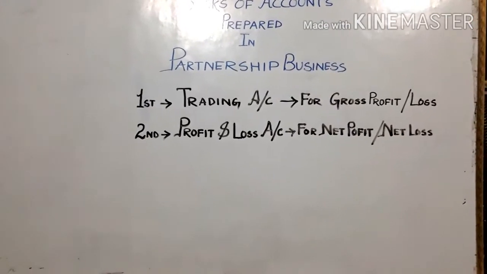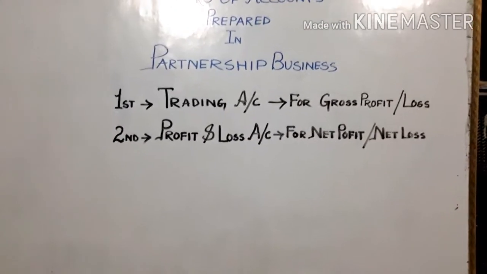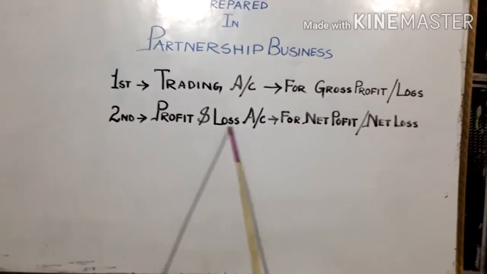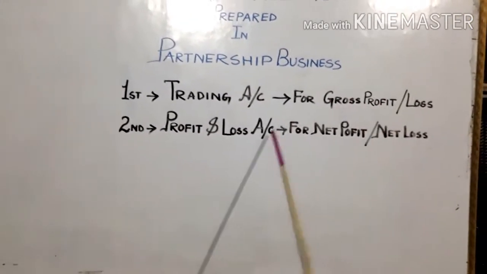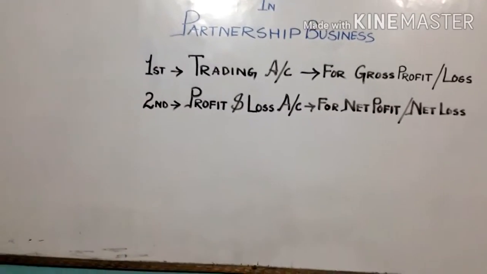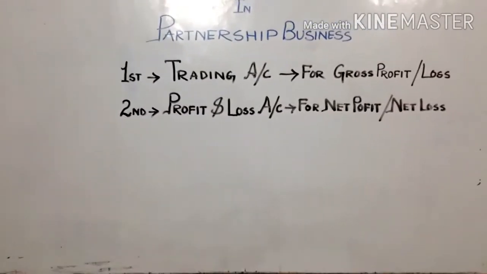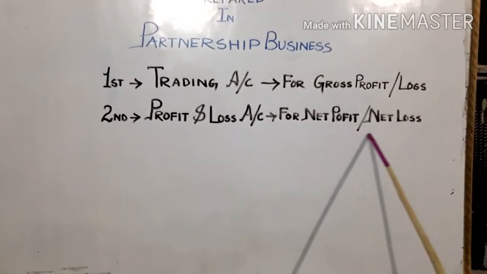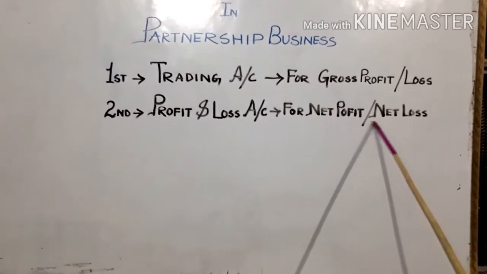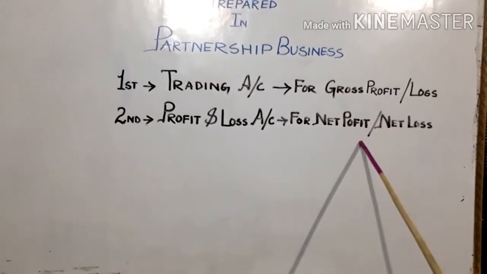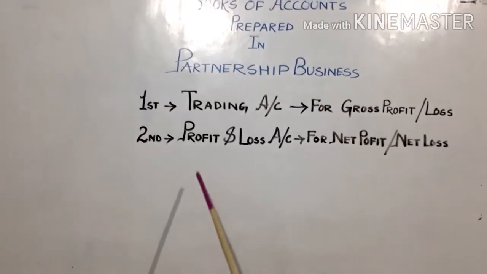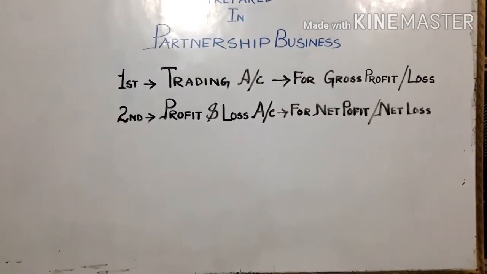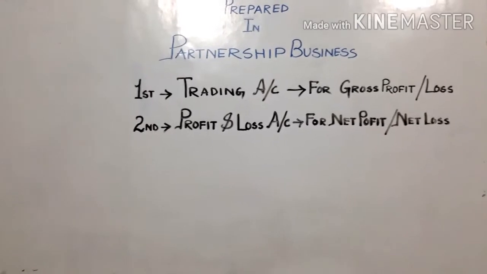Friends, in case of partnership form of business, after preparing the profit and loss account, we do not prepare the balance sheet. Here, the net profit earned by the firm or the net loss incurred by the firm is to be distributed, or borne by the partners.